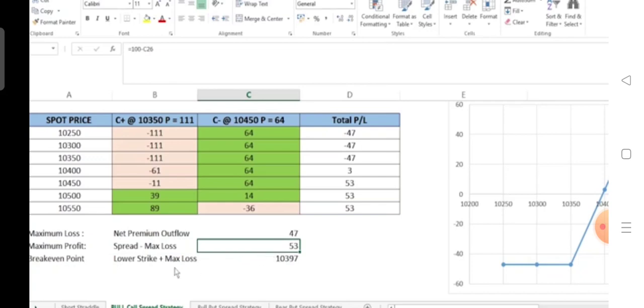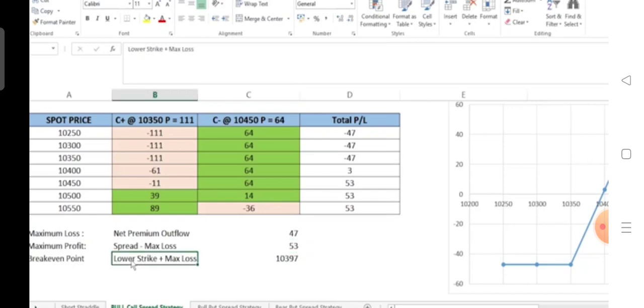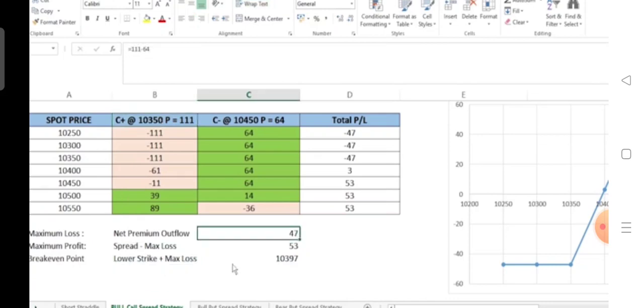Now what is the break-even point from this strategy? The break-even point will be the lower strike price plus the maximum loss which can be incurred. So the lower strike price is 10,350 plus 47, making a break-even point of 10,397.